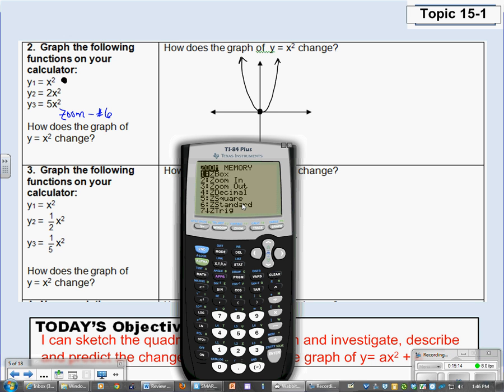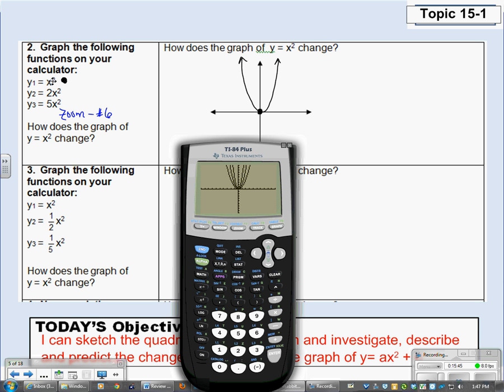The standard window is the window that goes from -10 to +10 on the x-axis and -10 to +10 on the y-axis. The other great thing about this zoom 6 is that when you hit the 6, it will graph your parabolas for you. The first parabola graphed is your y1. The second parabola is graphed as the y2. And the third parabola that's graphed is your y3. So you get an idea of what's happening with the 3 equations.